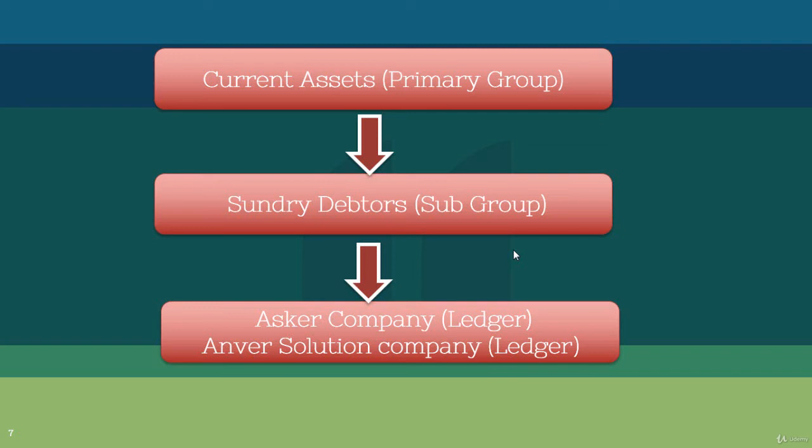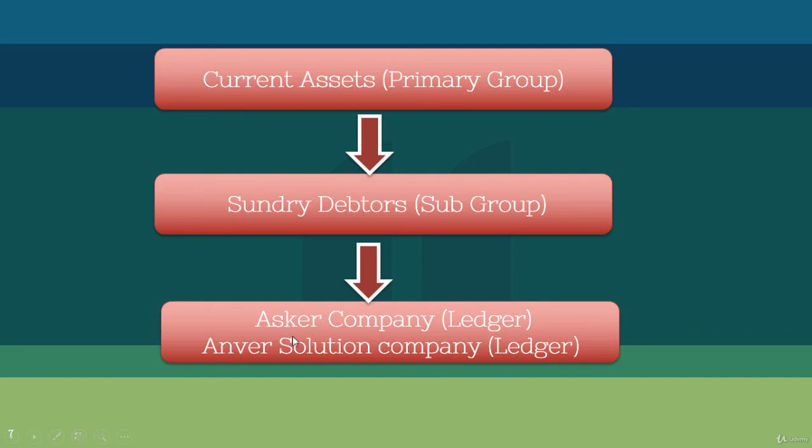Based on our debtors, we have to create the ledger. So that's called ledgers. Sundry debtors is one of the types in Tally software. Then each company has a different name among these debtors.